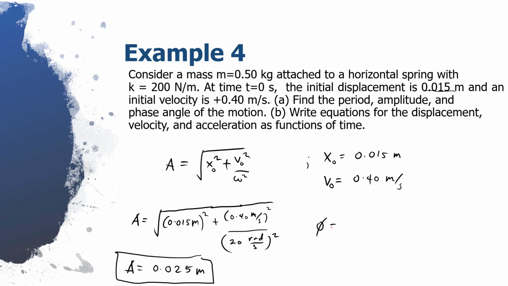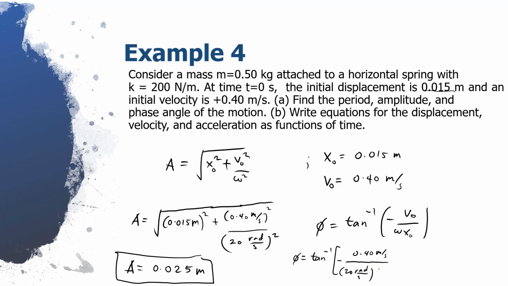The phase angle can be solved by this: tangent inverse of negative v naught over omega x naught. So phase angle is equal to tangent inverse of negative 0.40 meters per second over 20 rad per second, your x naught is 0.015 meters.